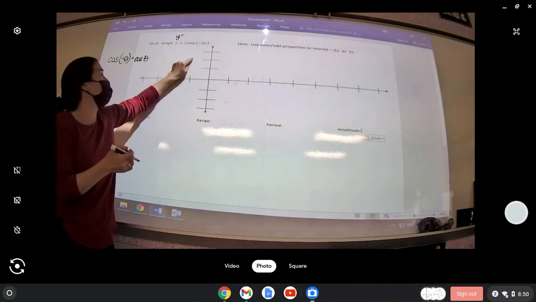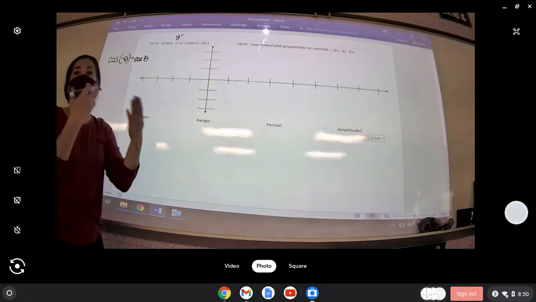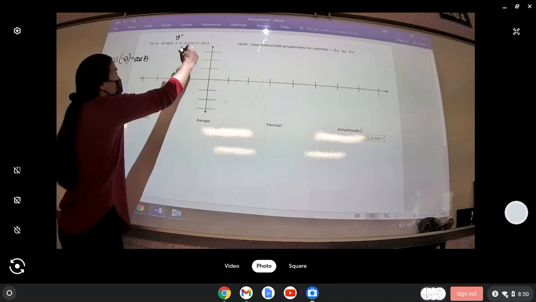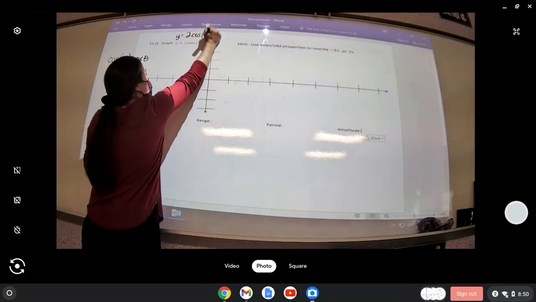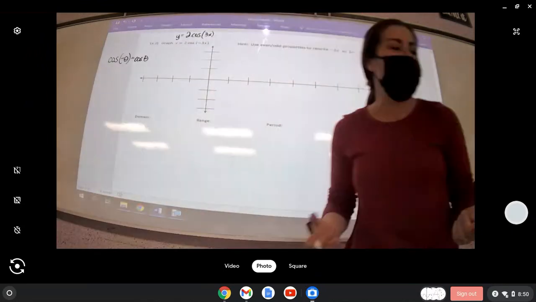But this is an even function. So when you pull it out, it goes away. When the opposite of x goes in, the same y coordinate still comes out. So we can rewrite this as y equals 2 times the cosine of just 3x. When you take the negative out, it's still the same y coordinate coming.